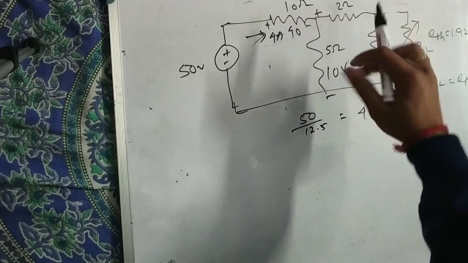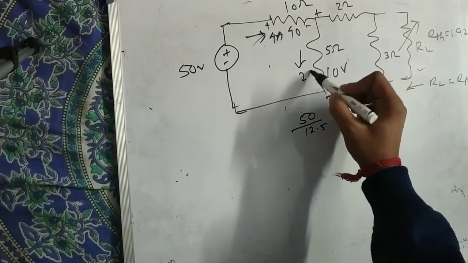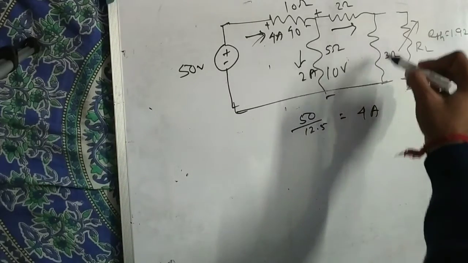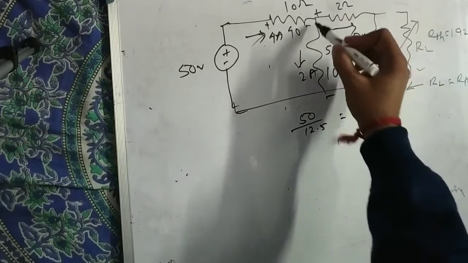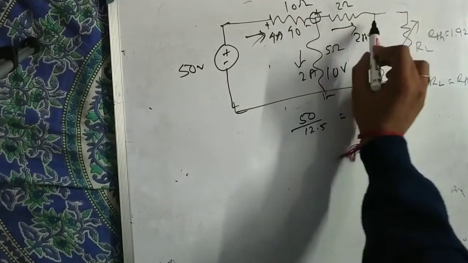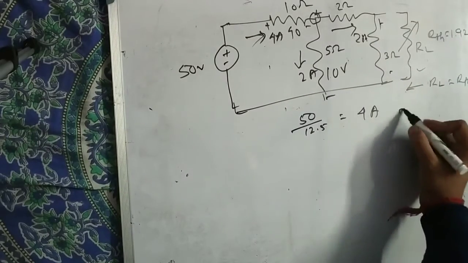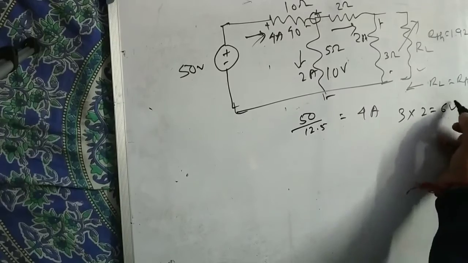Current through 5 ohm will be 10 by 5, which means 2 ampere. So the current through this 3 ohm is also 2 ampere, because if we apply KCL, 4 ampere is coming, 2 ampere is leaving, so 2 ampere must leave. So the voltage drop VTH will be 3 into 2, so 6 volt.